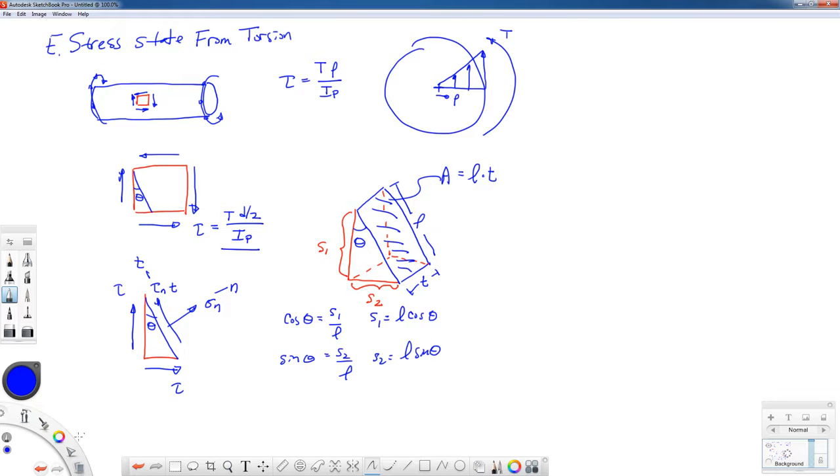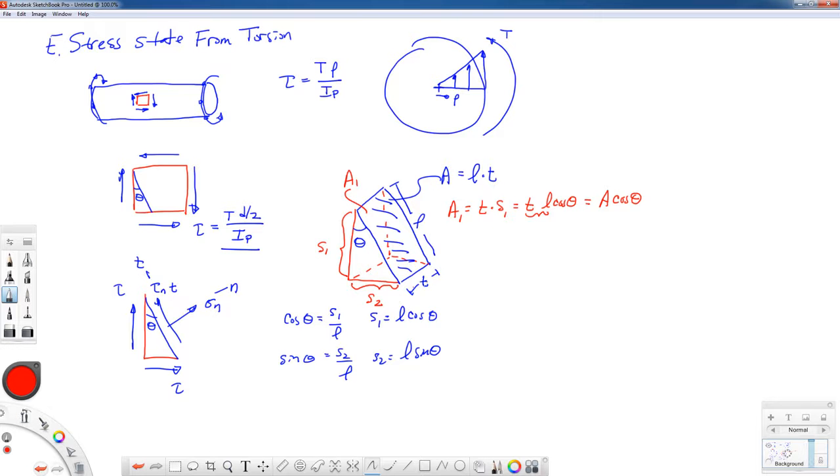So that means the area, let me call it area 1, is going to be T times S1, but that's T times L cosine theta. But T and L is the area of the blue plane, so I'm going to rewrite this as the area of the slanted plane times cosine theta.